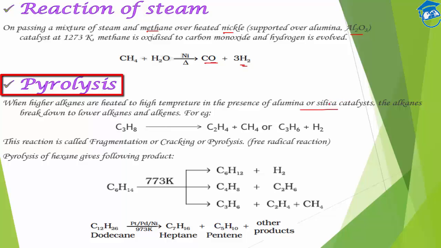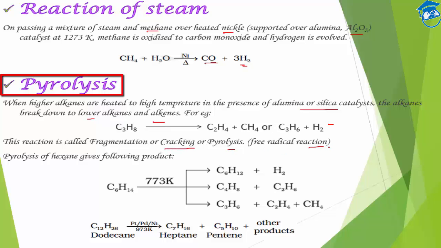So fragmentation takes place and the higher alkane will break down into a lower alkane or alkene, and we get various products. It is a good industrial method to produce lower alkenes. We are also getting hydrogen, which is a fuel.